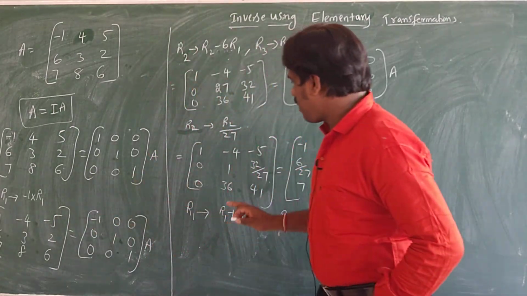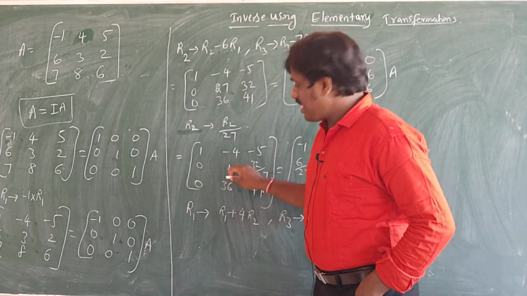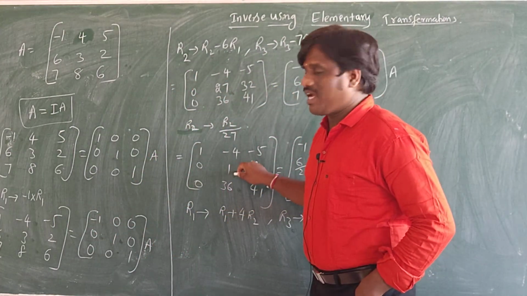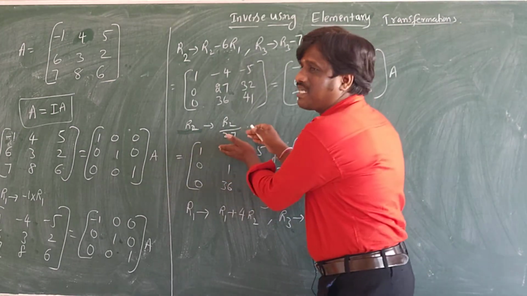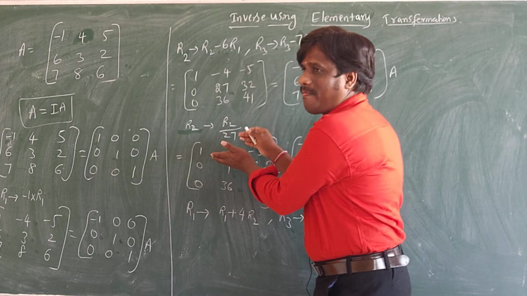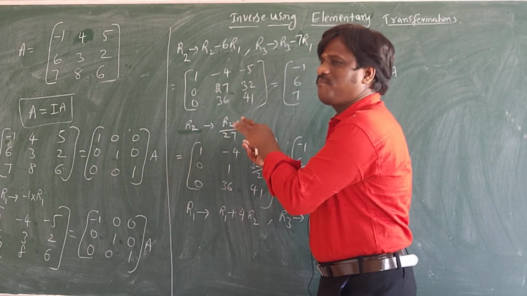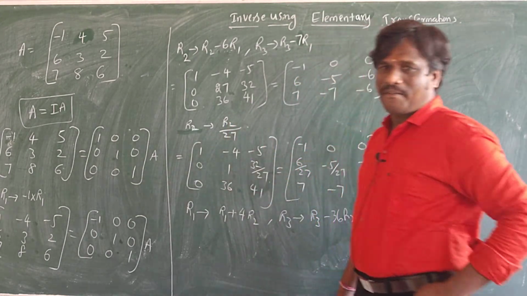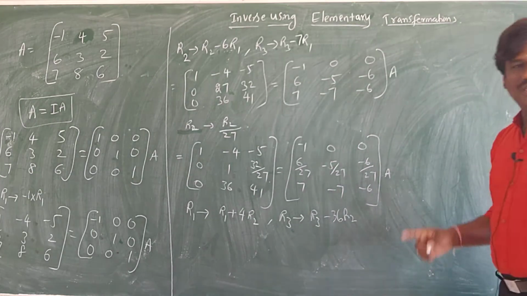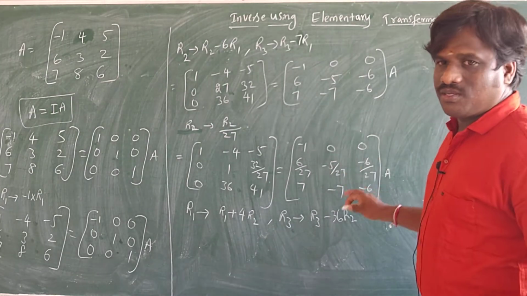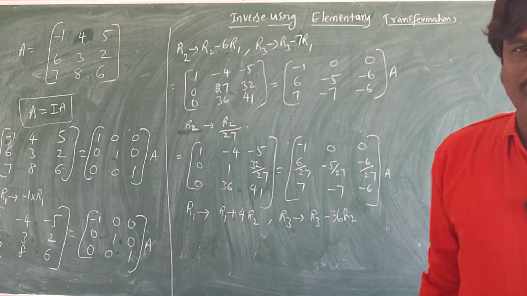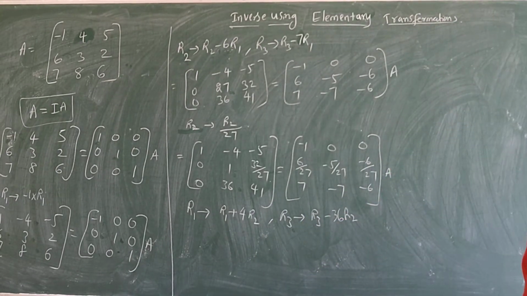Second point: make this 1, take help of this only, and make others 0. If you use other things now, this will be disturbed again, and you will have to do it again. Then when will you get the answer? You will not get the answer. Understood? Clear? Is the picture clear? You have to do it like this only. But your question is very lengthy. A textbook question is easy.